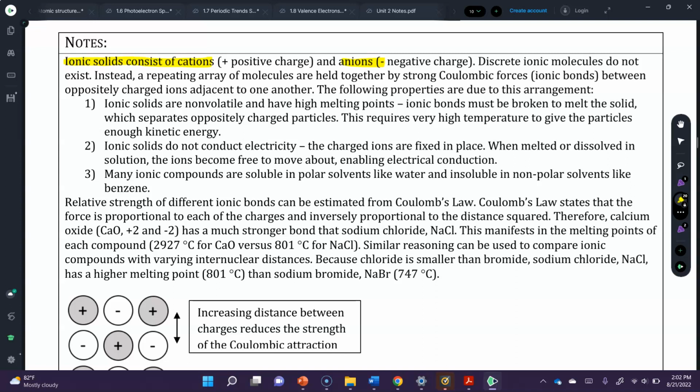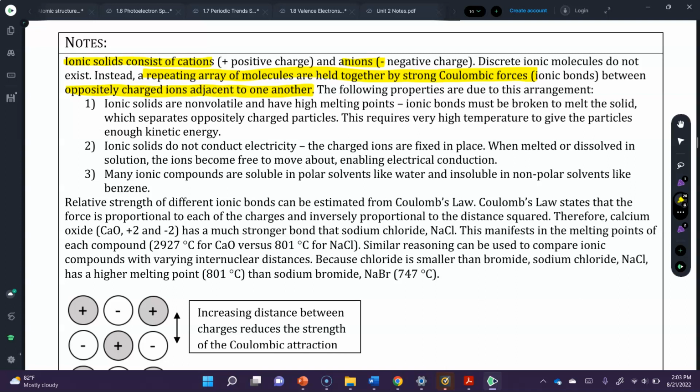Instead, you have a repeating array of ions held together by strong Coulombic forces. So we have a repeating pattern of sodium and chloride ions, and these oppositely charged ions are adjacent to one another. The following properties are due to that arrangement.